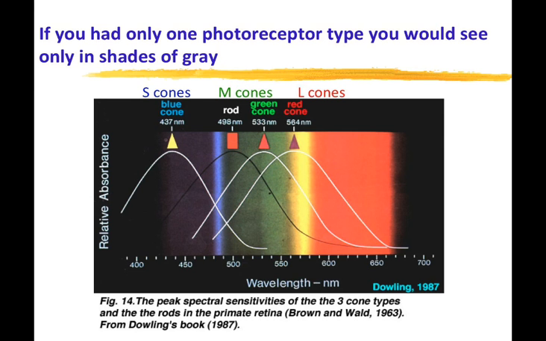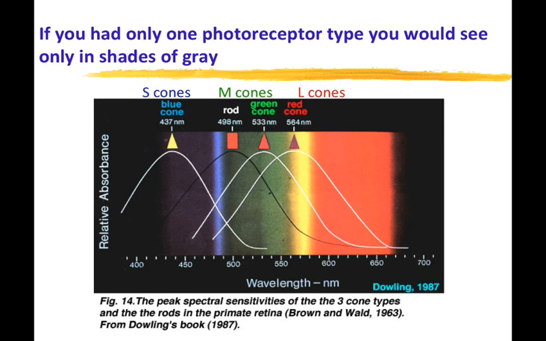It's very rare for people to lack all cones, but there is a disease called rod monochromats, and that means that these people have only rod vision and no cone vision, and they really see the world in shades of gray because they have only one class of photoreceptors. And I promised you I'd show you the absorption of rods, and you can see that rods are kind of in between the cones, so it's somewhere around the dark green range.